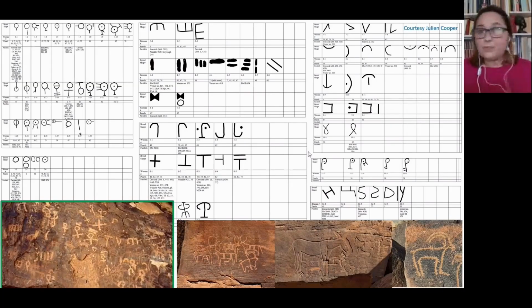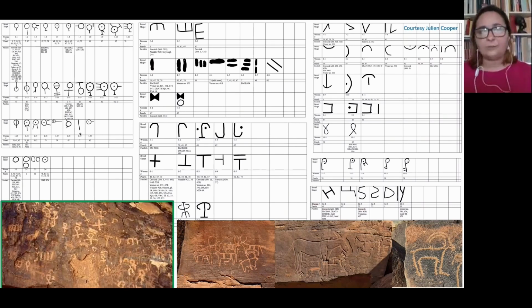First of all, we have the Wusum that we have already mentioned, and we have quite a lot here. Julian Cooper has put together what we have in Wadi Ras Ras, and you can see there are quite a number. And these are common occurrences in the Arabian Peninsula, because these kinds of signs are directly connected with the ancient Arabian script.